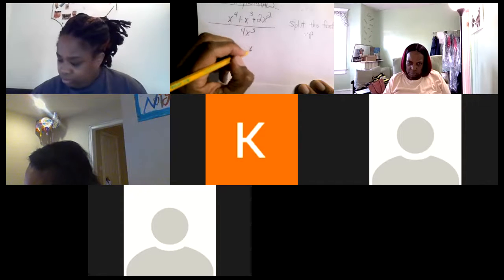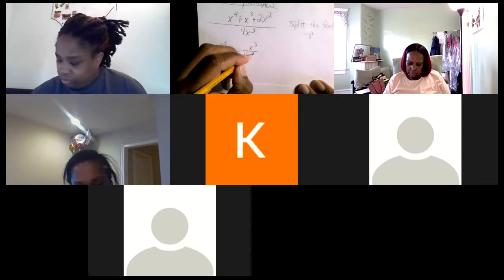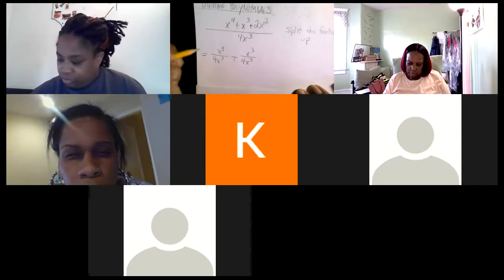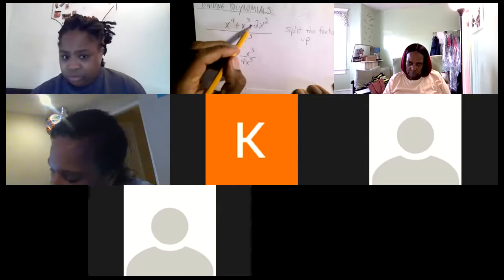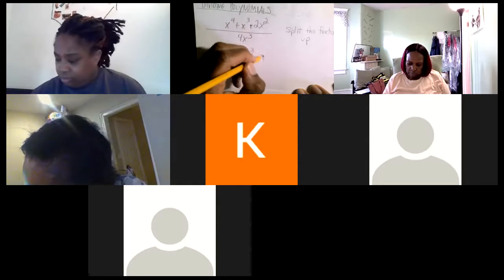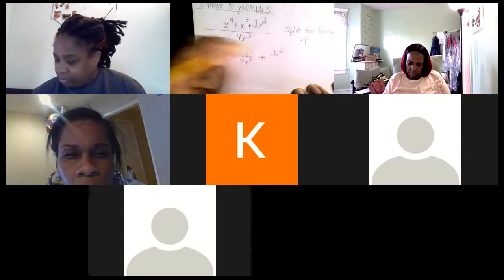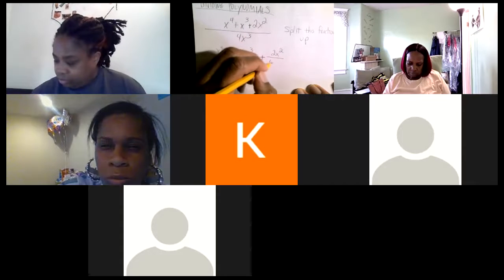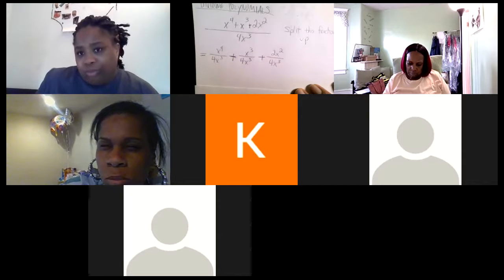The x to the 3rd is the second term. I can divide that also by the same monomial. Plus sign. Third term, 2x squared. And again, that can be divided by the same monomial. Split them all up by the same monomial.